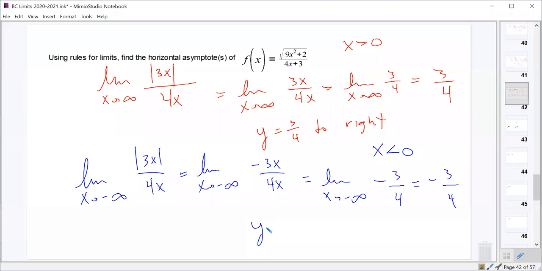And so we have y equals negative 3/4 to the left. And it's okay to have different horizontal asymptotes in the different directions. Good or no?